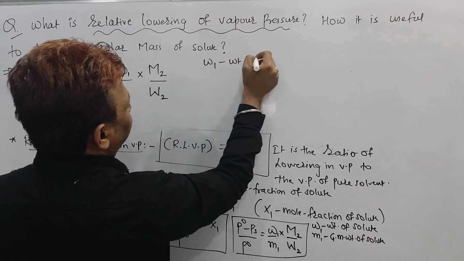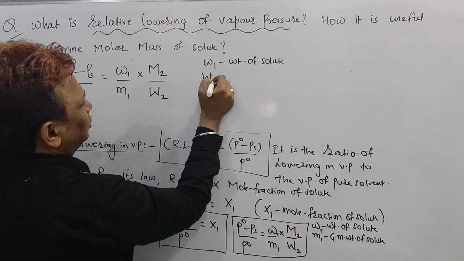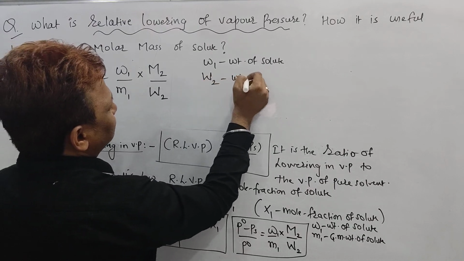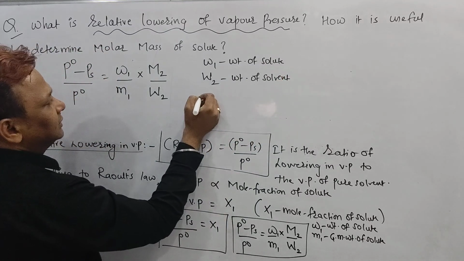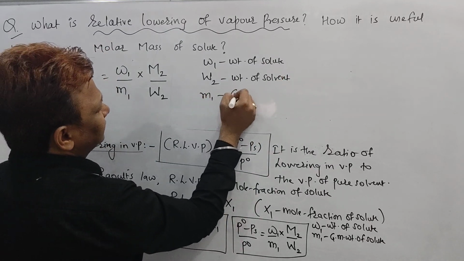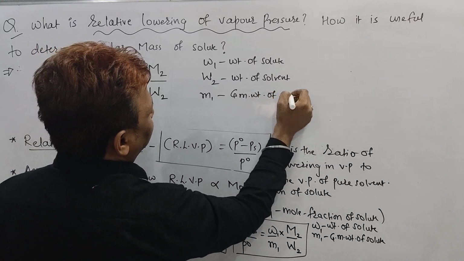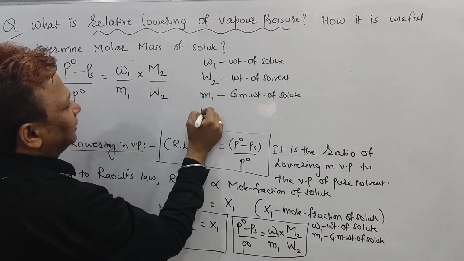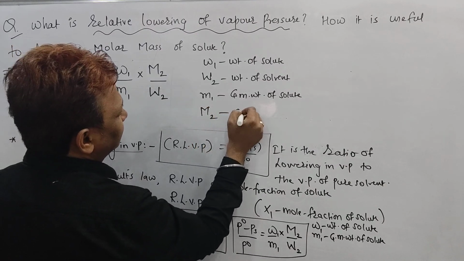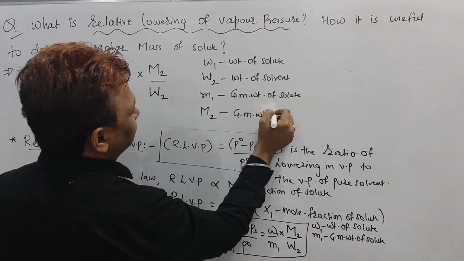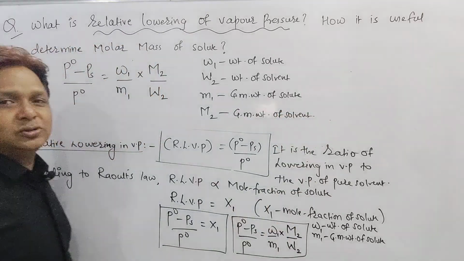W1 is the weight of solute, capital W2 is the weight of solvent, small m1 is the gram molecular weight of solute, and capital M2 is the gram molecular weight of solvent. See beta, one is a solute, the other one is a solvent.